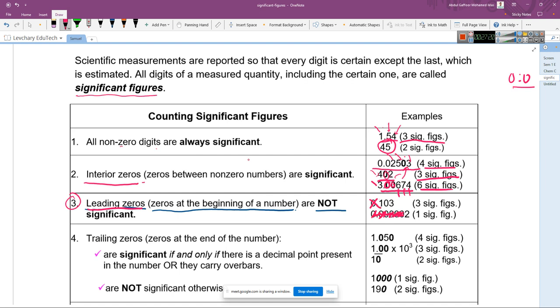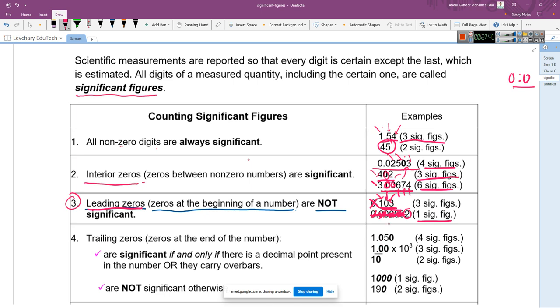Here we have three significant figures. Why? The number of non-zero digits is 2, and here we have an interior 0. And here we will omit all these zeros, and we have only one non-zero digit, so the significant figures will be 1.